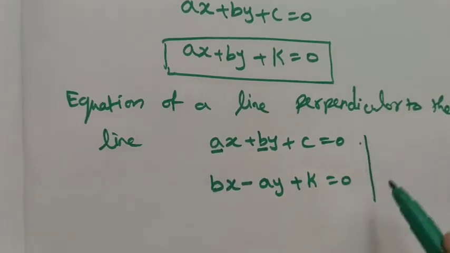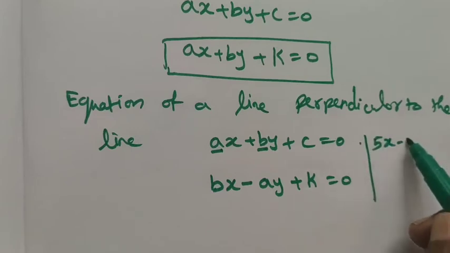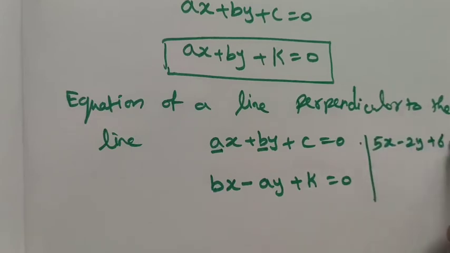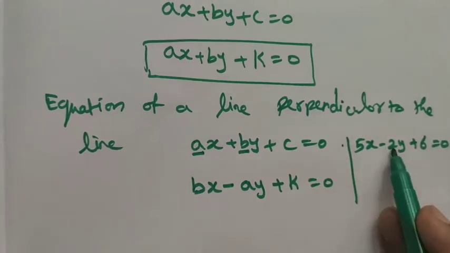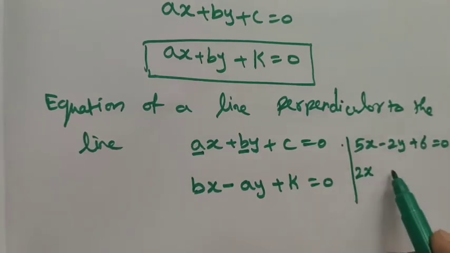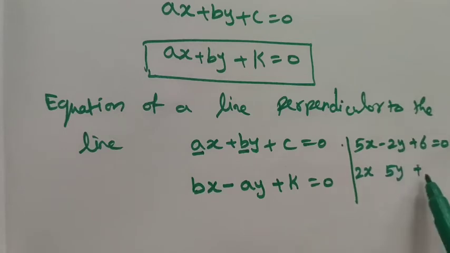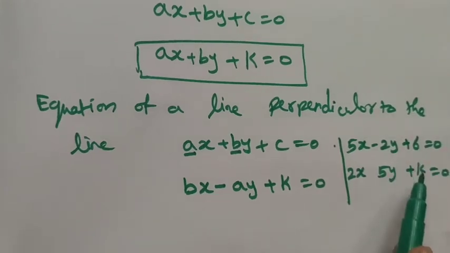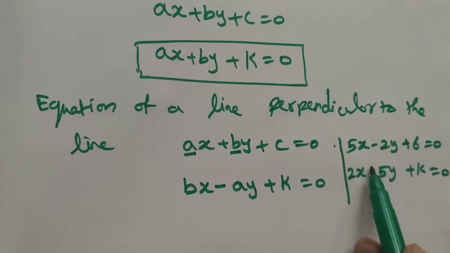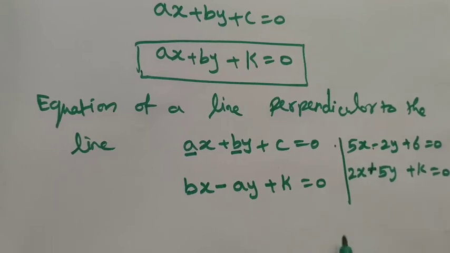For example, if the equation is given as 5x minus 2y plus 6 equal to 0, here we have a negative symbol, right? So interchange the coefficients, that is 2x, 5y plus k equal to 0. The constant term must be changed here: here we have plus and the other has minus, so put a plus symbol. These are the perpendicular conditions.